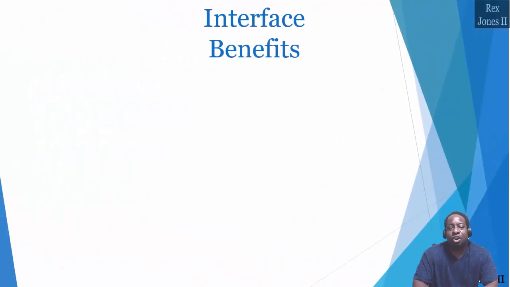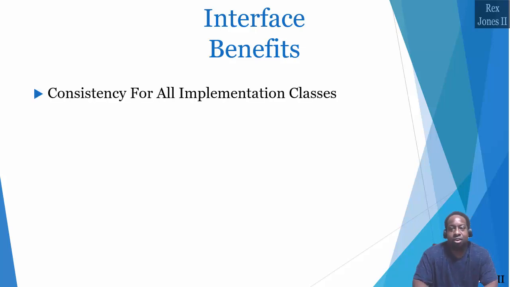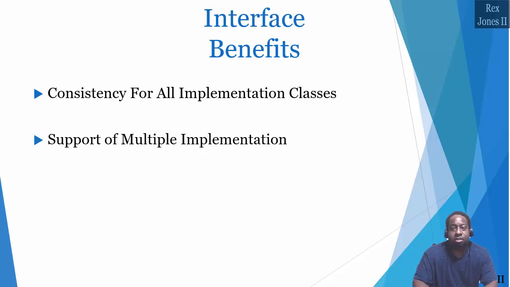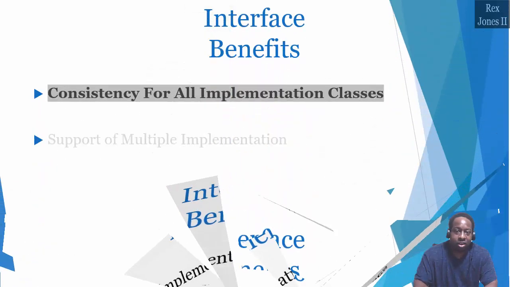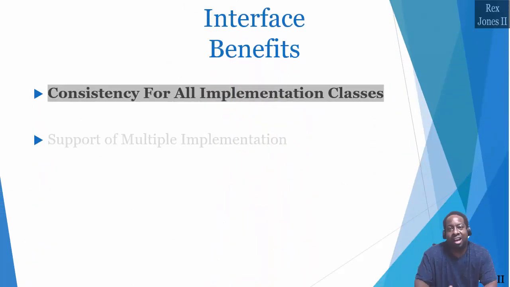Two of the benefits for using an interface is to bring consistency for all classes that implement an interface and the support of multiple implementation. My plan is to demo both benefits by starting with consistency for all classes.